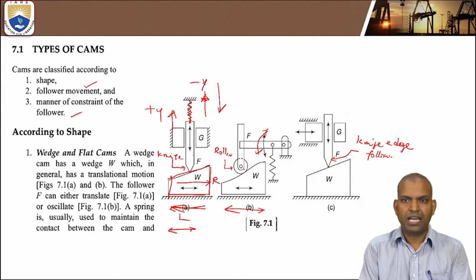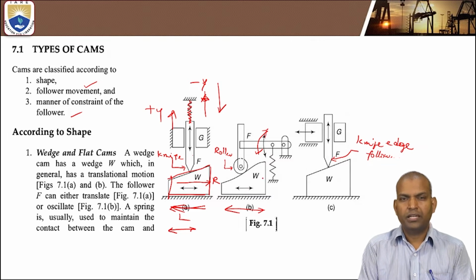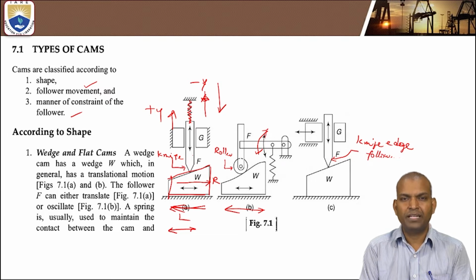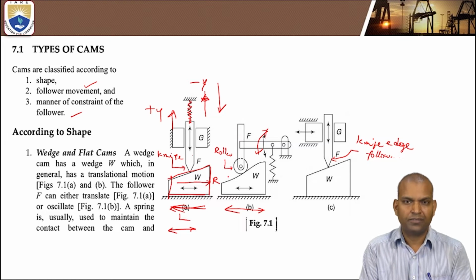Again, in figure B, 7.1b also, the follower is always in touch with the wedge of the cam with the help of a spring. The spring, an elastic element, keeps the follower and cam always in contact with each other.